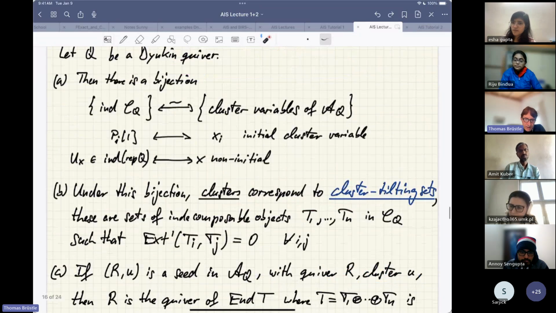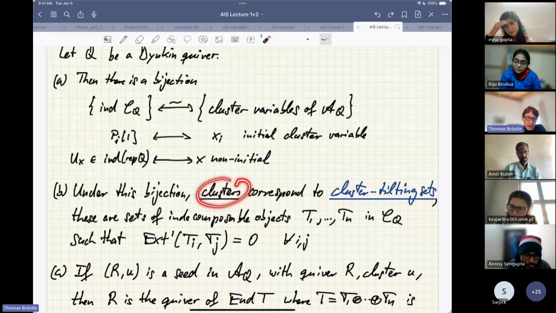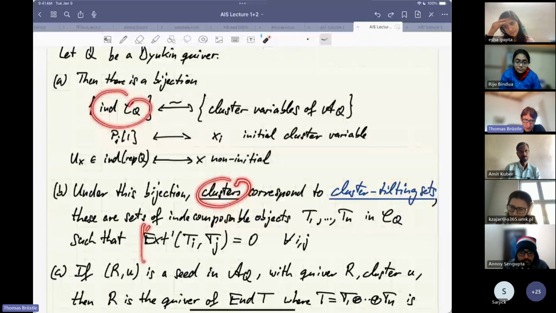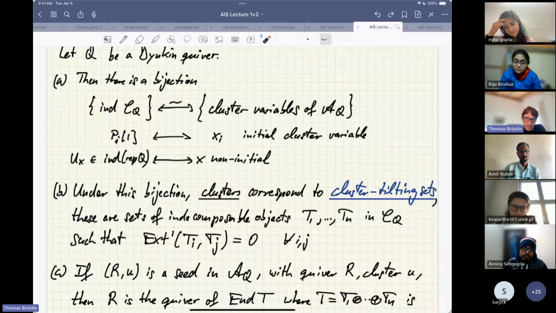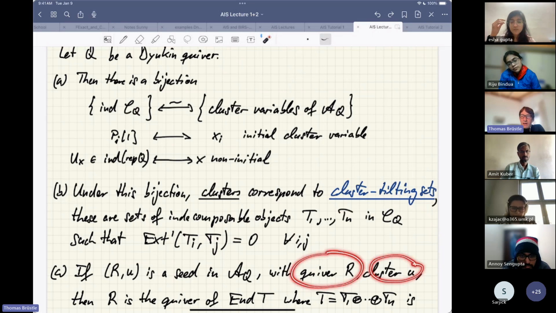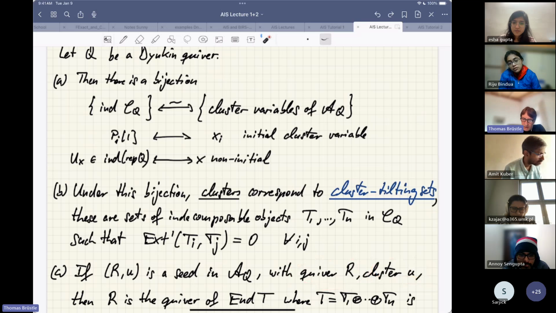I understand now the clusters. These are certain collections of indecomposables satisfying some condition. So if I have such a cluster tilting set, this corresponds to the U. How do I find the quiver R? How can I go back to the cluster algebra and compute this quiver?